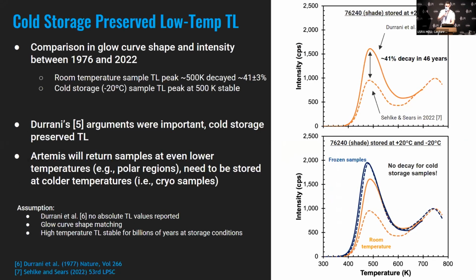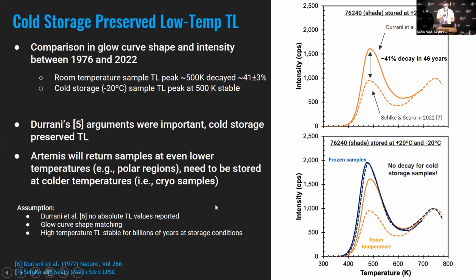All right, here's really the slide. That's the key essence of this talk. So at LPSC, I've shown the data on the top right, where we compared, by the time we only had the room temperature samples, the measurement done in 1976, the top curve, and then just now, almost 46 years later, the dashed curve, that's our measurement.